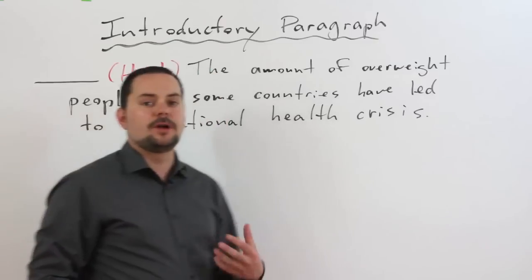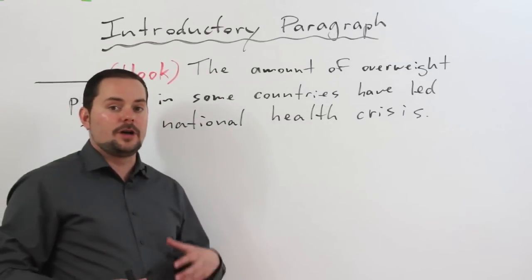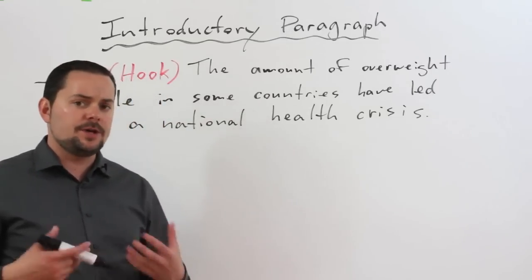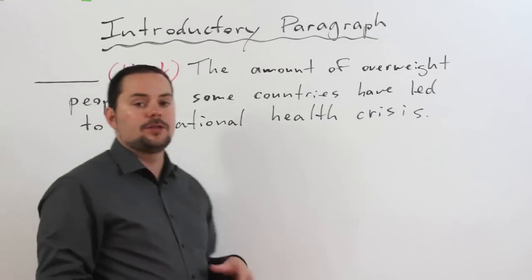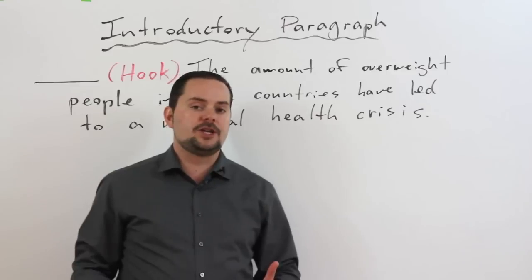Crisis means some kind of serious problem. So hopefully when the reader reads this sentence, they get interested to read the rest of the essay because it's quite a strong statement. So following the hook, the next step is to give some background information.